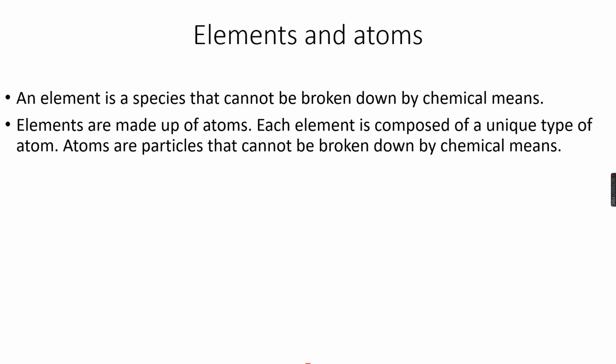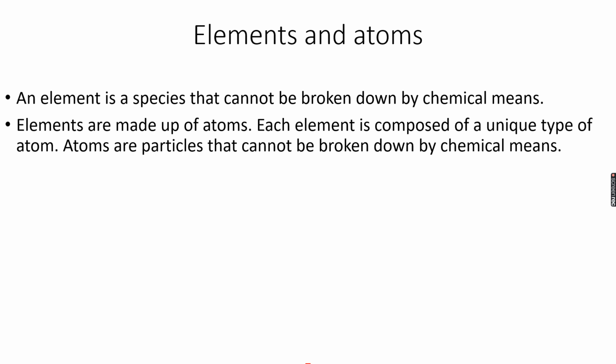Elements and atoms. Now, as we all know, an atom is a particle that cannot be divided further by chemical means. So it's a simple single particle, and it cannot be divided by heating or electricity. And we know that it is made up of protons, neutrons, and electrons, which are called subatomic particles.